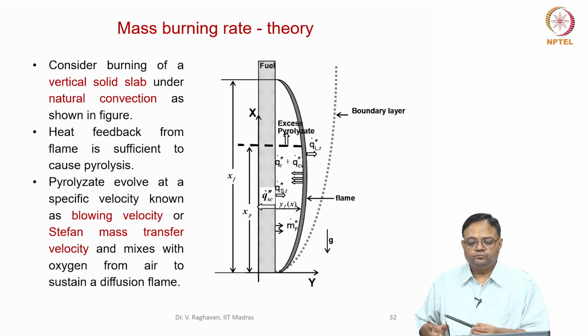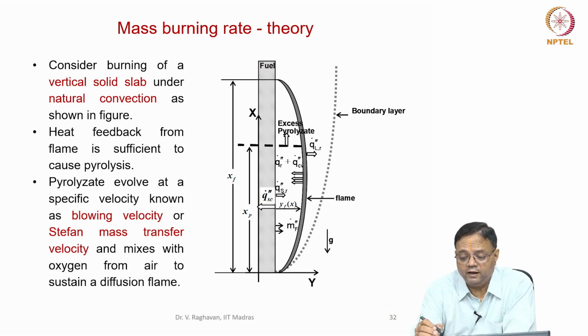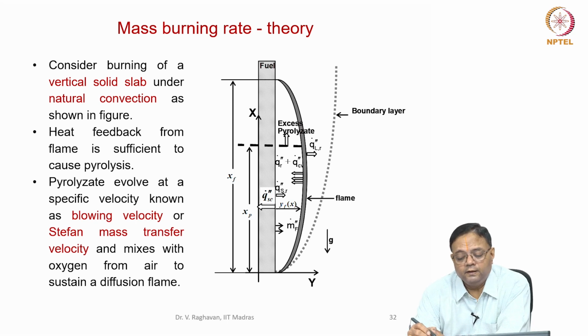So, now a theoretical approach for mass loss rate can be invoked, but unlike the liquid fuel, the mass loss rate expression for solid fuels is quite complex because, as I told you, there is no equilibrium temperature for the surface.